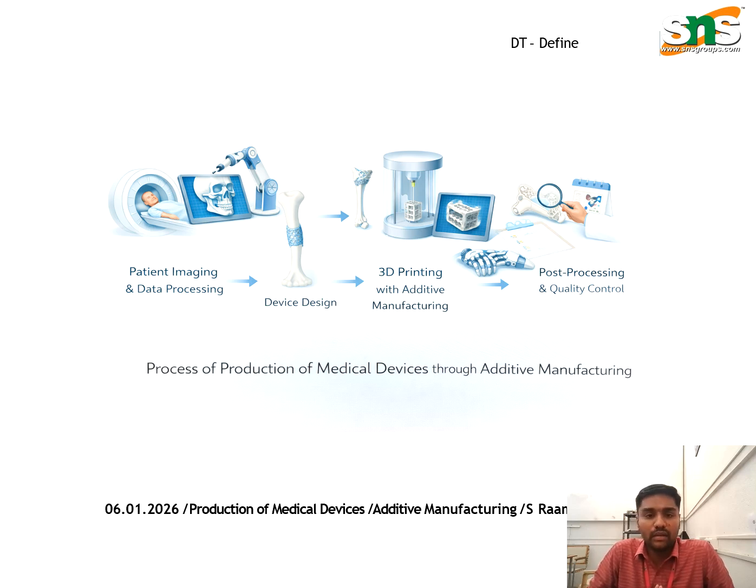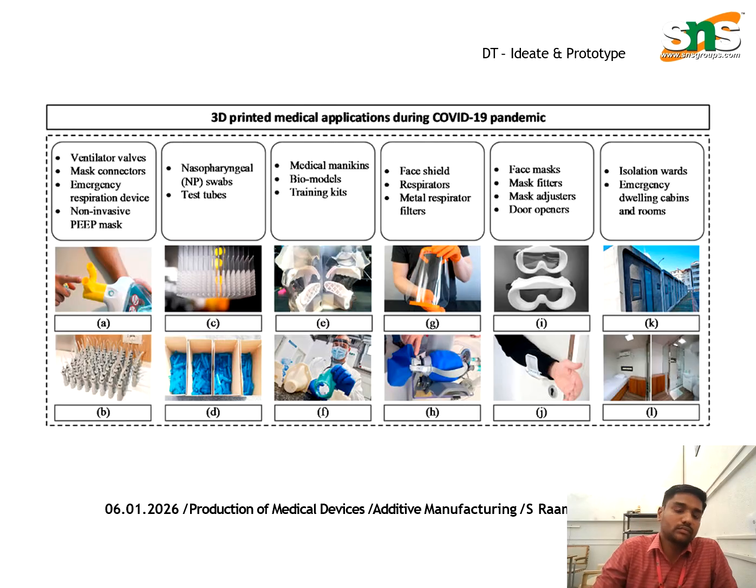So we can develop a product which is supported by the patient's own organ, without creating stress or improper working issues for those parts. This is how the production process of medical devices through additive manufacturing is carried out.